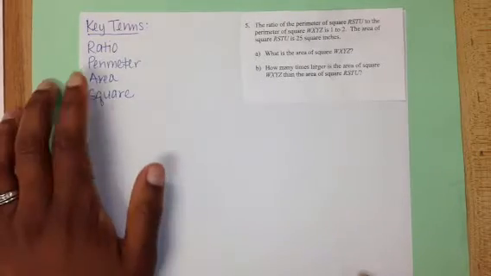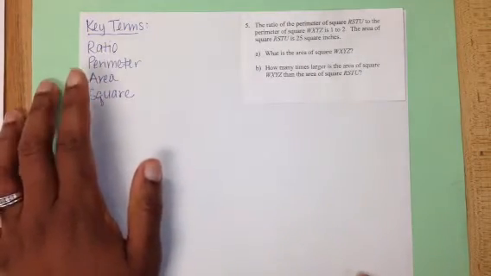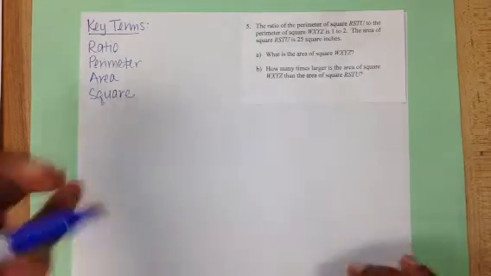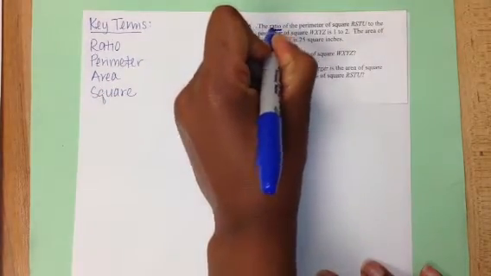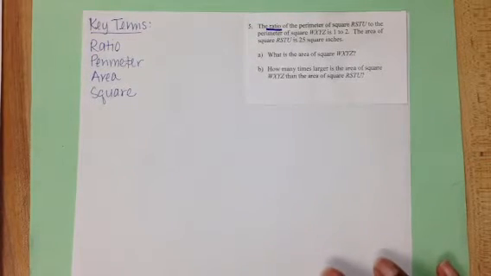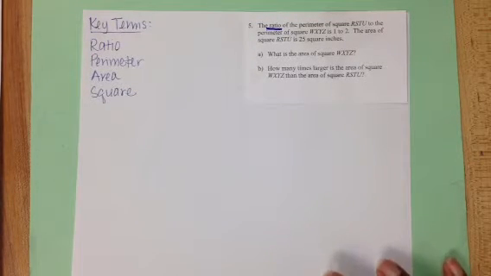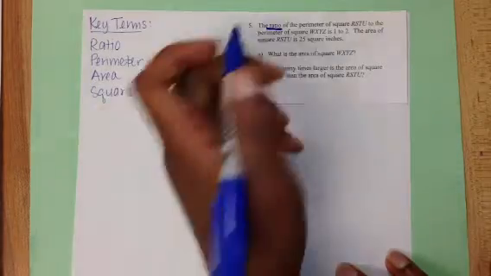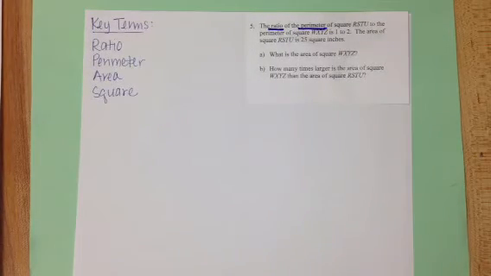So once again, we have our key terms on the left: ratio, perimeter, area, and square. Let's underline those key terms that we see in the problem. Ratio, as we know, is defined as a relationship between two numbers or two quantities. Perimeter has been defined before as being the distance around a polygon.